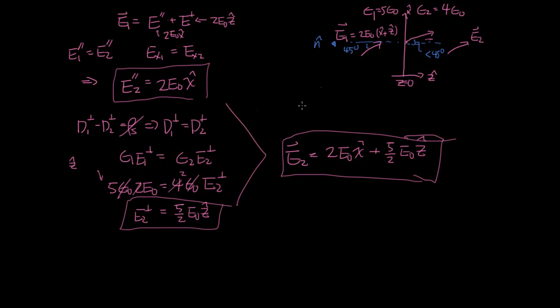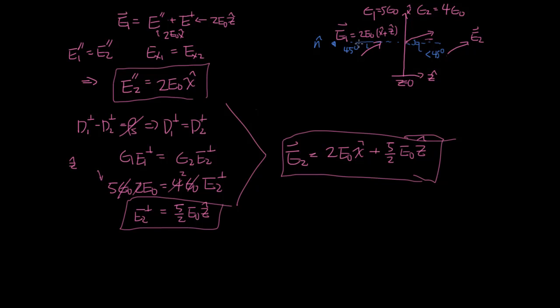So the direction of the electric field changed because, again, the tangential component doesn't change, but the normal component changes if you're moving from one permittivity to another. And that is the reason that the electric field will bend if you're going from one medium to another.